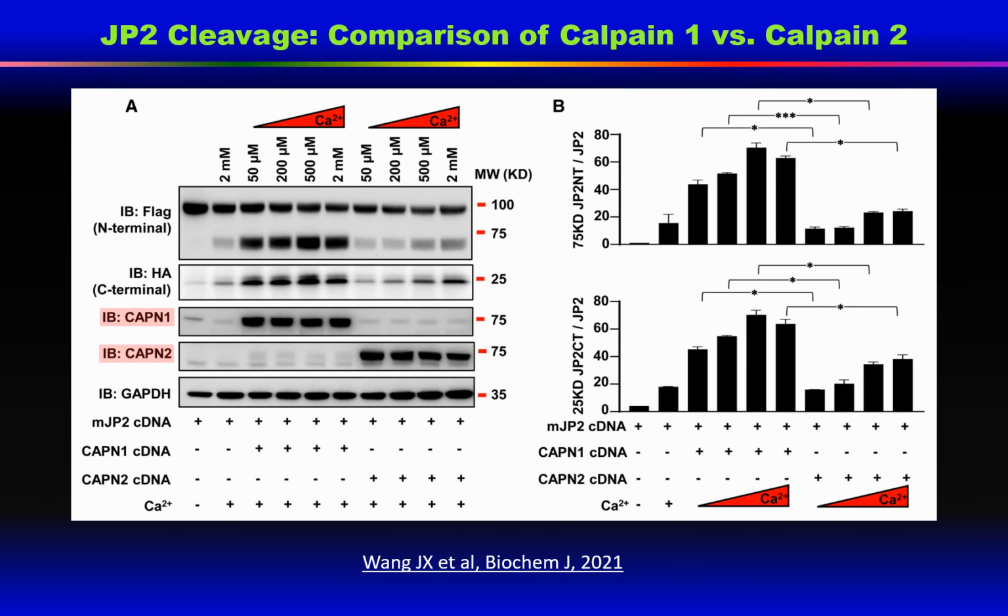To better compare the efficacy of Calpain-1 and Calpain-2 on the cleavage of JP2, we assessed the activity of each exposed to a range of calcium concentrations using the in vitro calpain cleavage assay. The formation of the 75 kD JP2NT and 25 kD JP2CT by both calpains was dose-dependently increased by calcium.